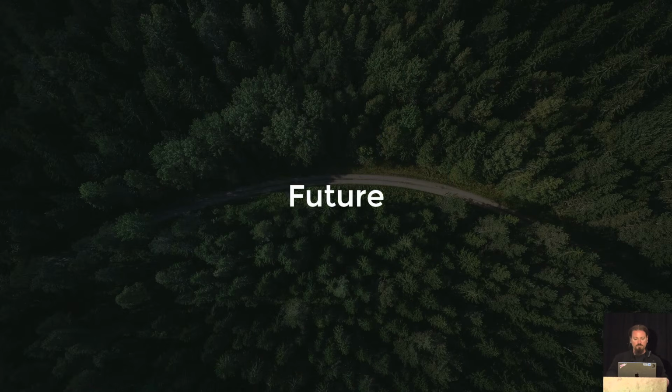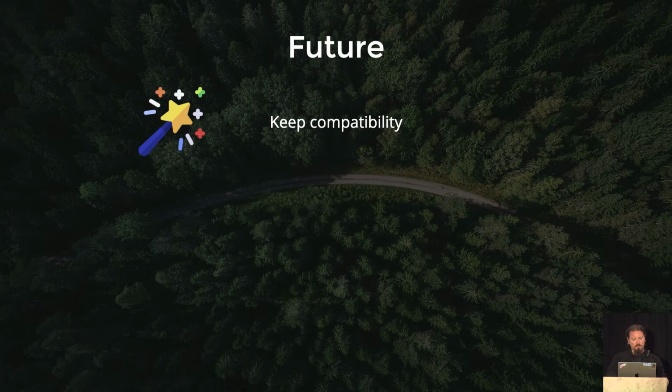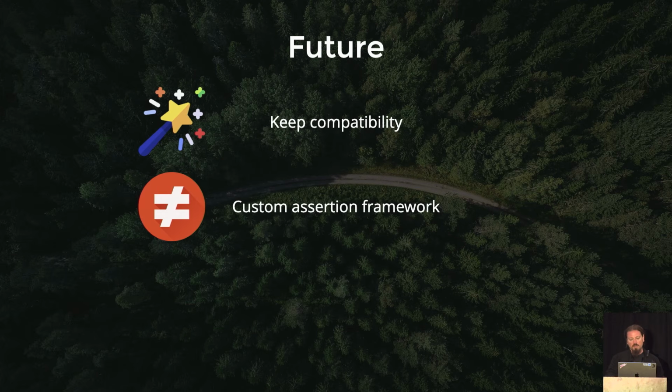In the future, I'm planning to keep it always as compatible as possible with the built-in test runner and with IDEs, because I feel that's very important. I still want to experiment with a custom assertion framework.